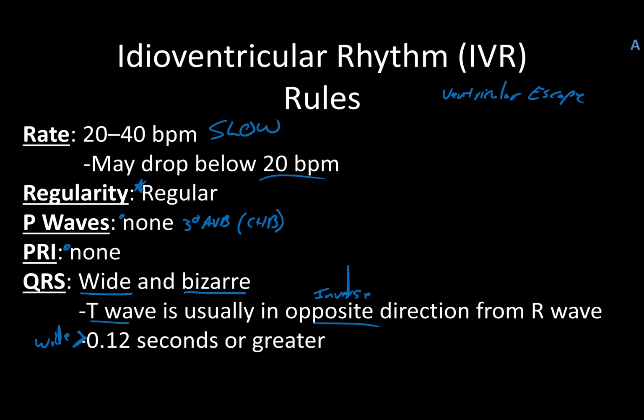And that makes sense, right? We went through that with our third degree material, that ventricular rhythms are one of the escape options in that case. So do keep in mind, if you do see any P waves or a PRI, it's going to follow the same rules as third degree AVB does.